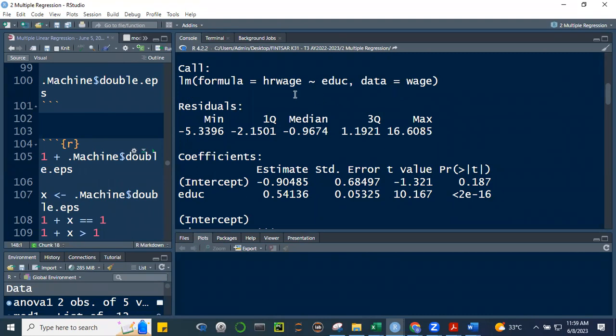Here we're testing whether your predictor education is statistically significant. Pati yung intercept natin, statistically significant. So we're testing each of them individually. Separate yung pag-test natin kay intercept, separate yung pag-test natin kay education.